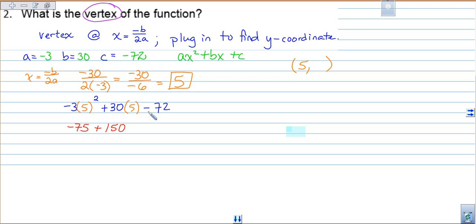And then minus 72 will come down. You can type all this in your calculator straight up if you're not good at the mental math part of it, and it will give you the answer. Negative 75 plus 150 is 75, and then you're going to subtract 72. 75 minus 72 is 70. Oh, not 70. It's just 3.